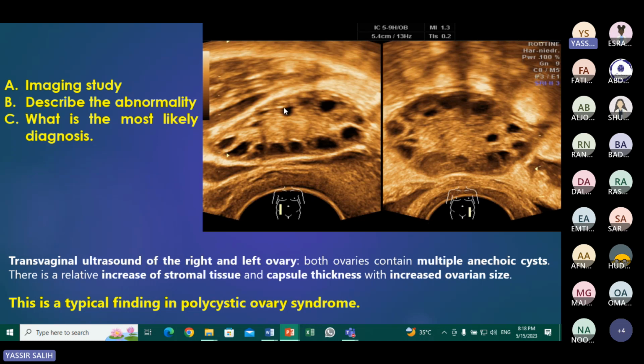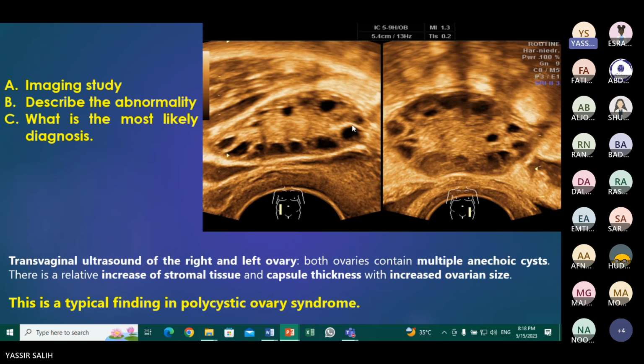What is the imaging technique? What is this? This is a female patient. Ultrasound. What describes the abnormality? What do you see? Multiple cysts in the ovary. Yes, there are multiple follicular cysts, and the most important thing is the ovaries are bulky, enlarged, increased in size.